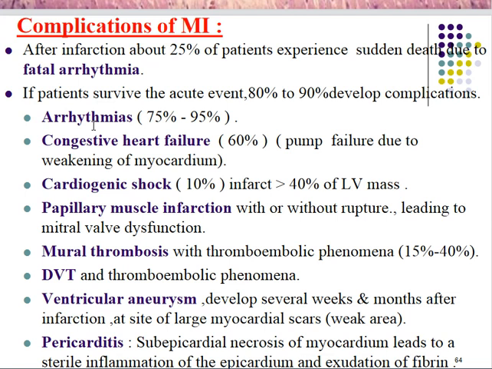Deep venous thrombosis and thromboembolic phenomena can also be seen under the influence of thrombus formation and paralysis of part of the myocardium, with stasis in the blood circulation that results in deep venous thrombosis.